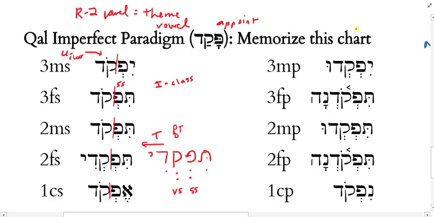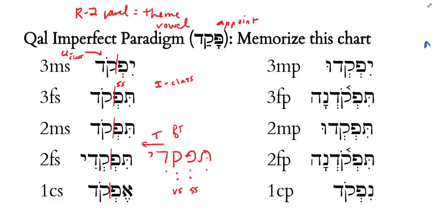Okay? And that's what happens on the third masculine plural form. It would have been yifkod-u, but the shurik takes the dalet away and the holum has to reduce to a vocal Shiva here. So it becomes yifkedu. Yifkedu. So this is they will appoint.